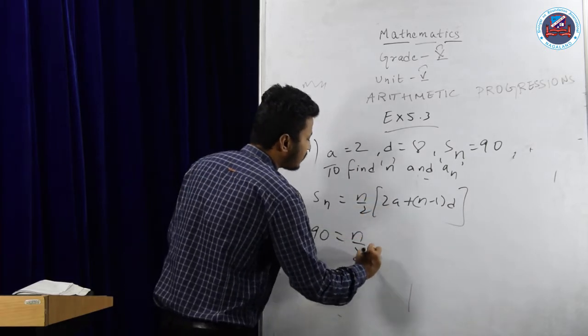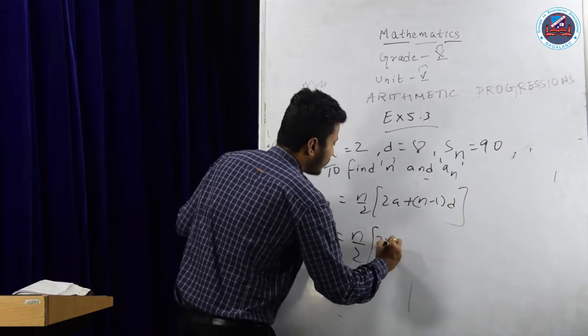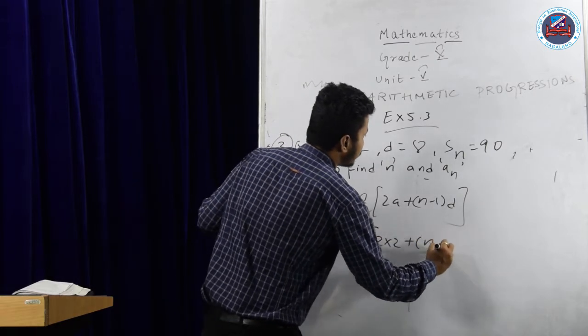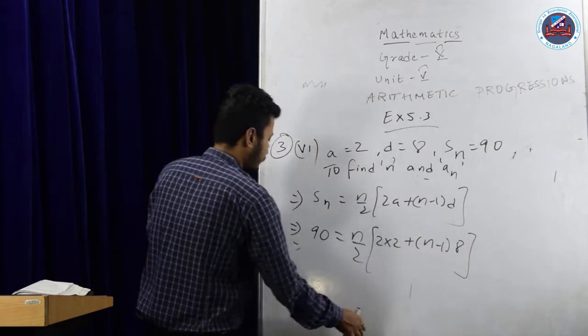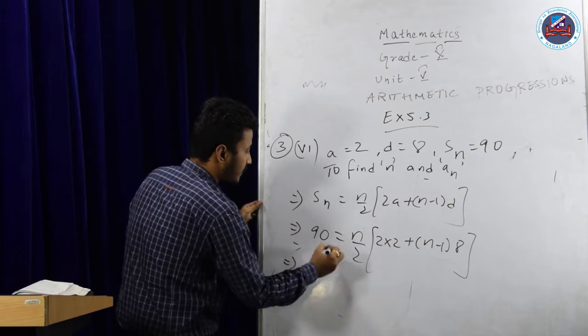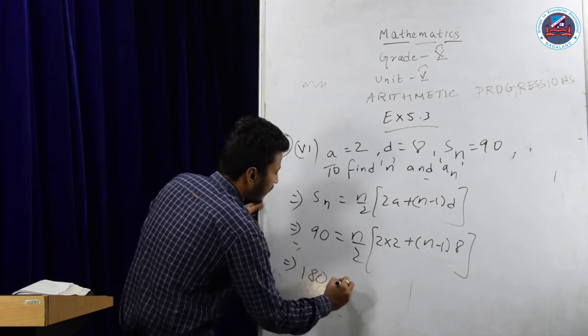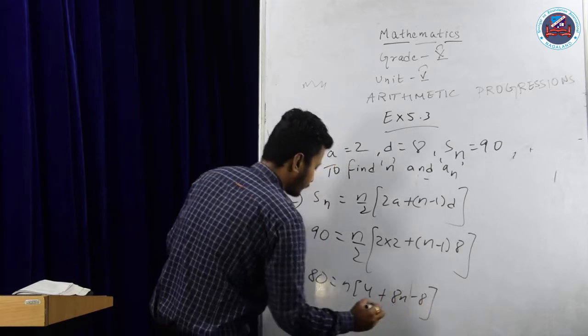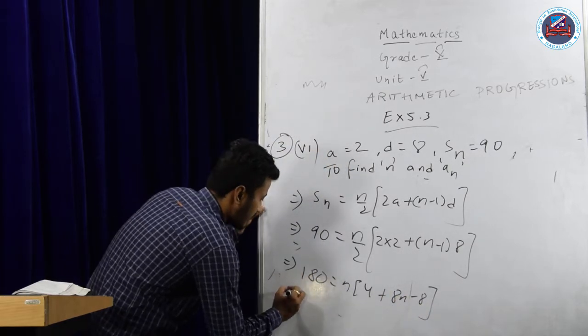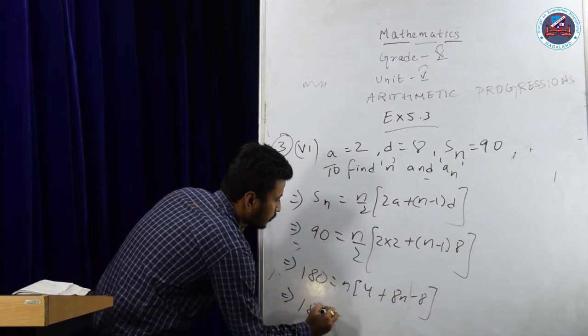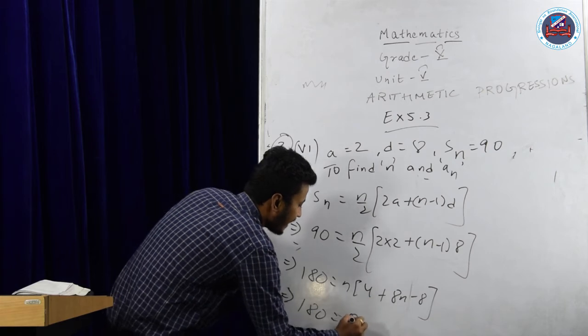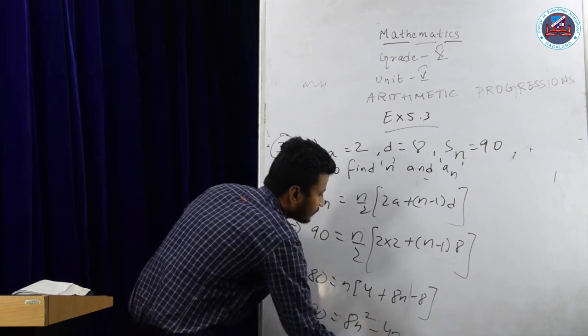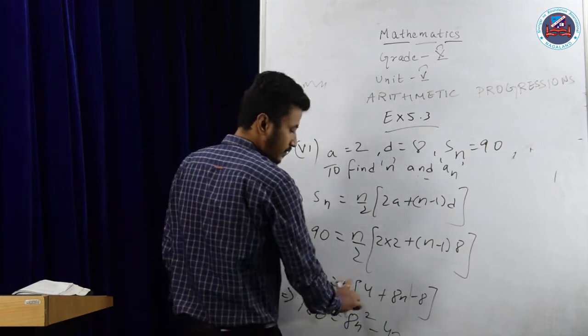I don't know what n is, so n by 2, 2 into 2 plus n minus 1 into d, which is 8. Cross multiply it, 180 equals to n into 4 plus 8n minus 8. What does this become? 180 equals to 8n square minus 4n. Yes, after multiplying.